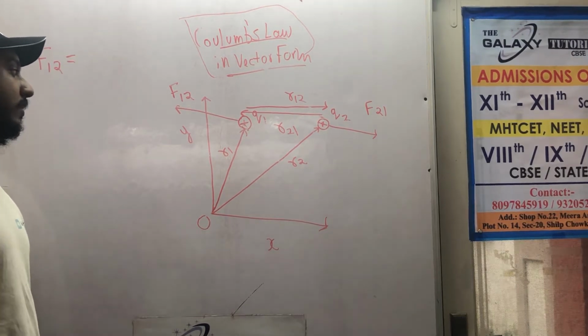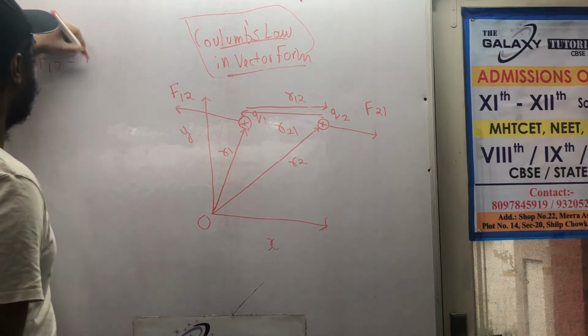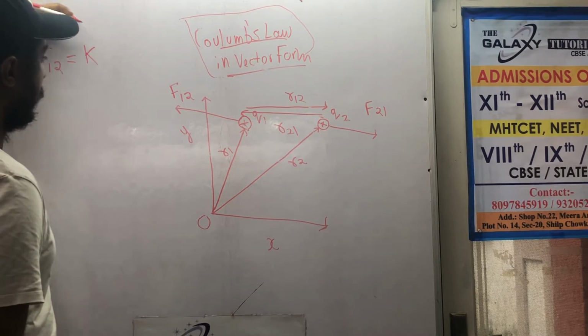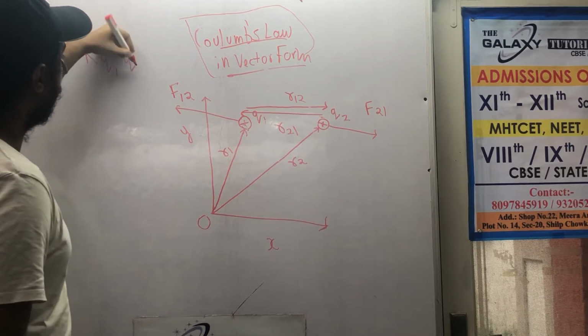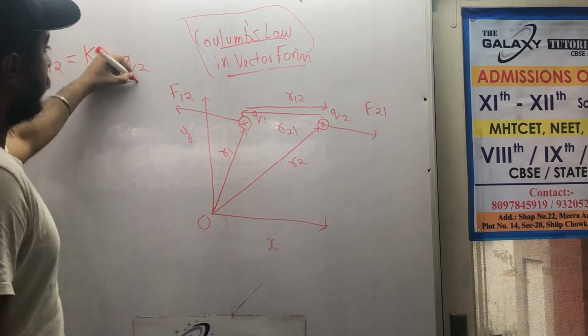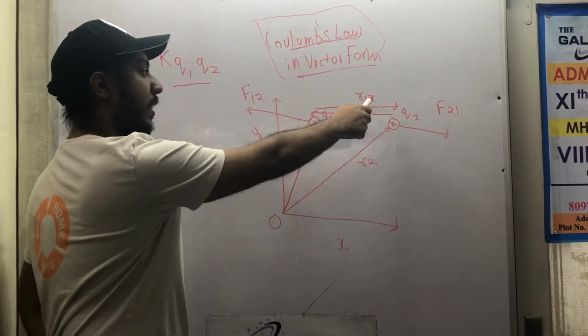F12 will be how much? F12 will be K Q1 Q2 upon, now you must have been thinking why I put this R12 and R12.